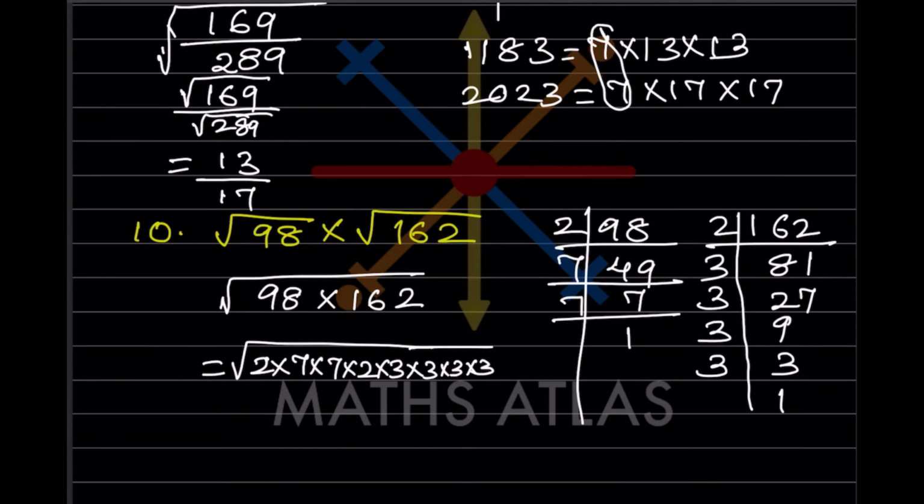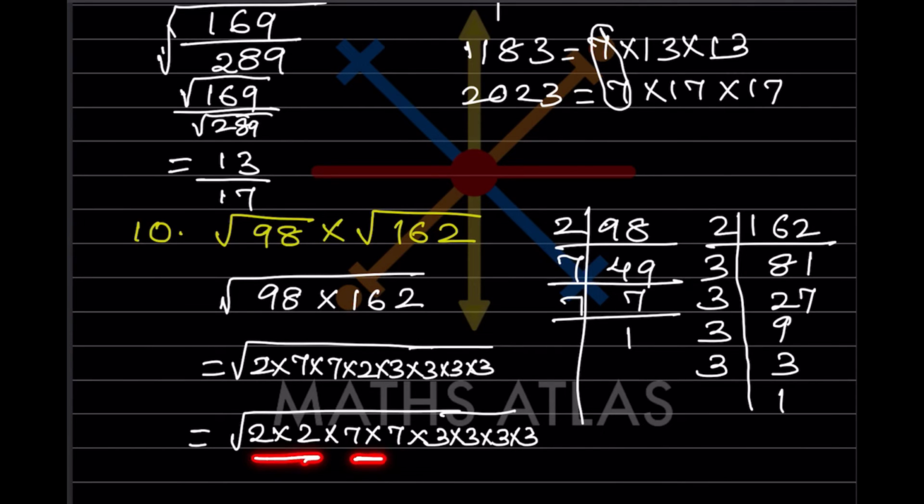So now what we can do, we can take the pairs together. For that, we can take this 2 and 2 together, 7 and 7 together, 3 and 3 together, because we want pairs. So now we are just going to rearrange it, so it is easy to find a perfect square. Now we can make the pairs.